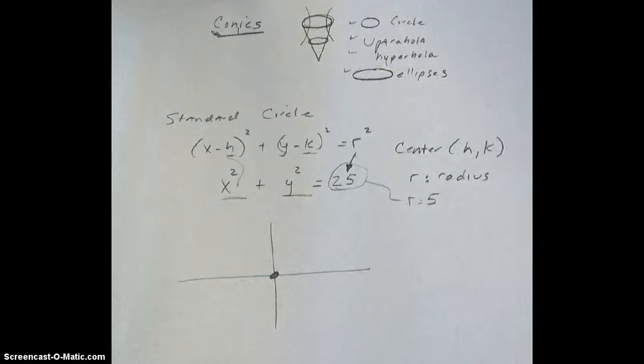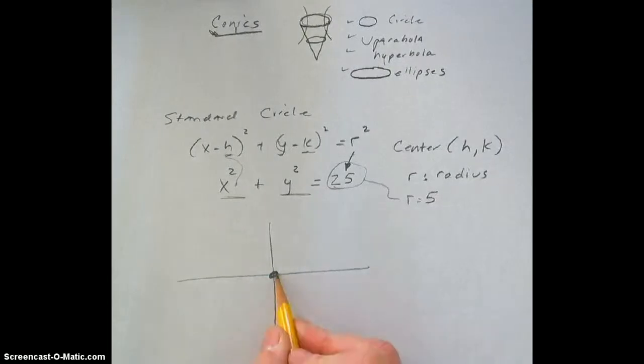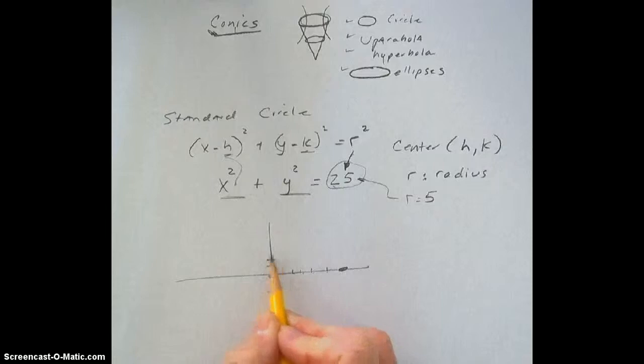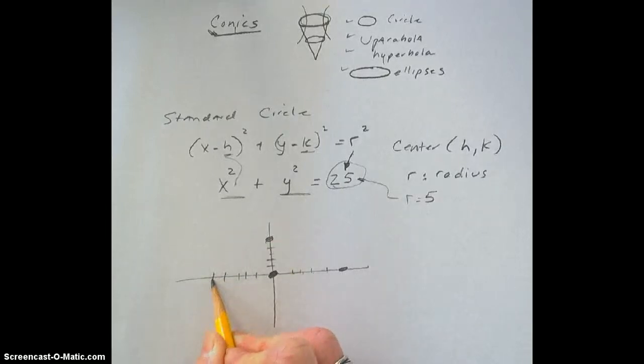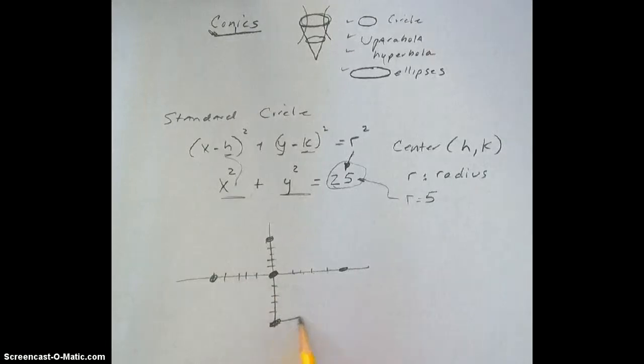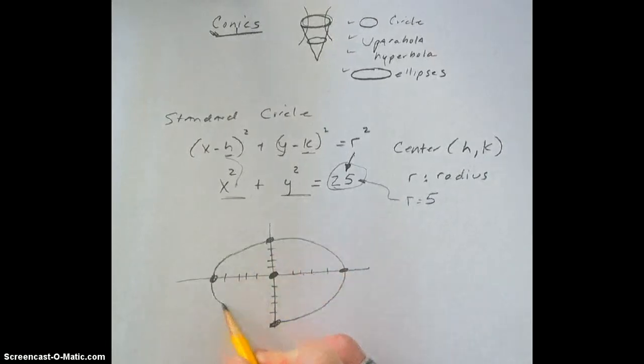Again, that quick definition of a circle is what? A circle is a set of all points that are equal distance, which is 5, from this center. So to graph one, we'll go 5 to the right, 5 up, 5 to the left, and 5 down. And as smoothly as we can, we'll try to graph a circle.